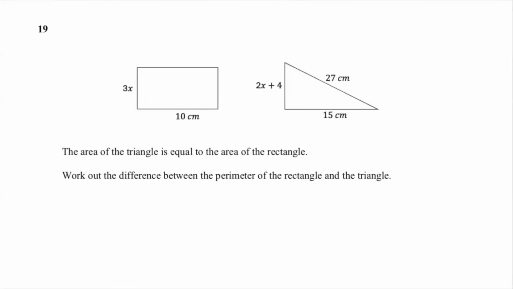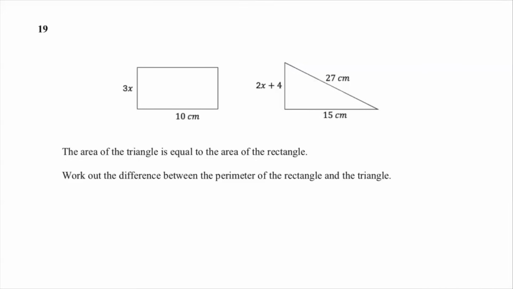If I'm going to find the difference between the perimeter, then I need the perimeter of both shapes. At the moment, I can't do that because I don't know what this edge is, and I don't know what this edge is. I'm going to need to work out what x is so that I can go on and find out this edge and then go on and answer the question.